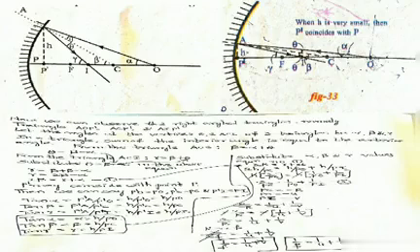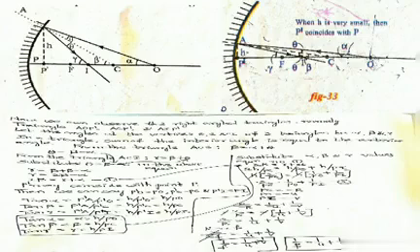Okay, so the ray from the O falls on the concave mirror at a point A, and after falling on the mirror it is reflecting, no? The reflected ray passes through the point I. Once you observe this I, where is that I? Here. So that I is also on the principal axis.